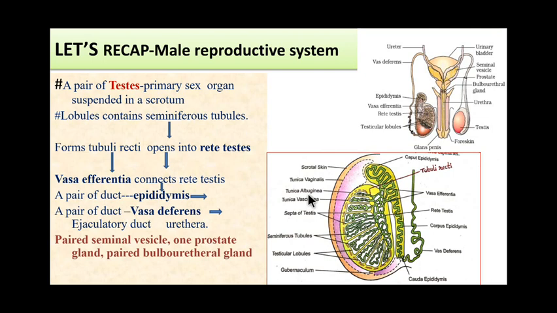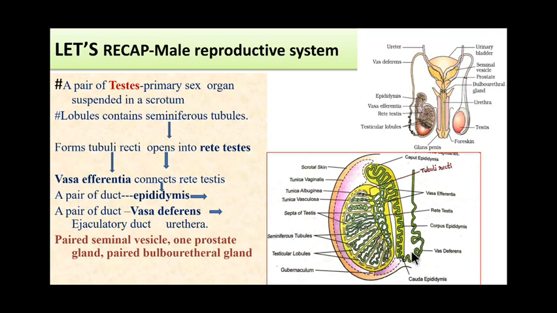Okay, so the ingrowth of this tunica albuginea is called septa, and this divides the testis into some 200 to 300 lobules, and each testicular lobule contains 1 to 3 highly convoluted seminiferous tubules.